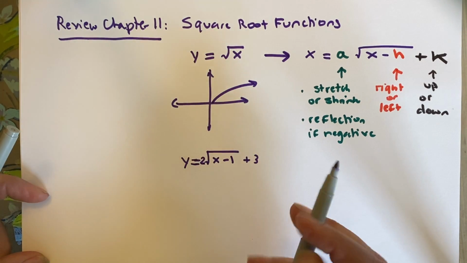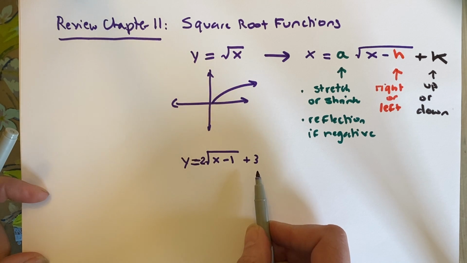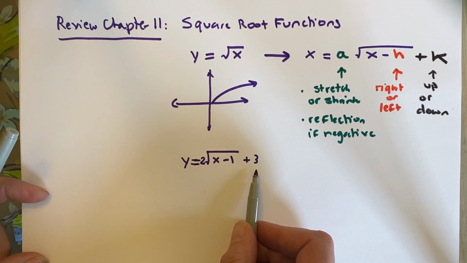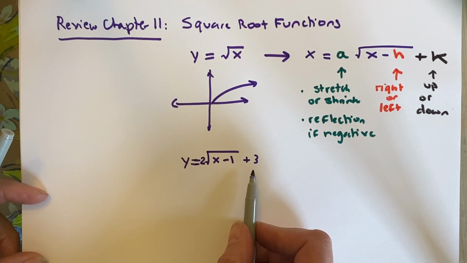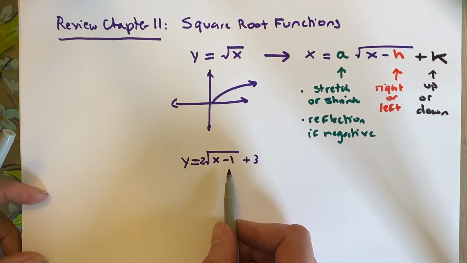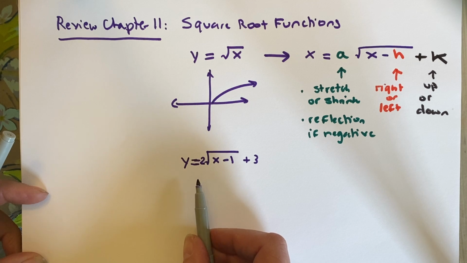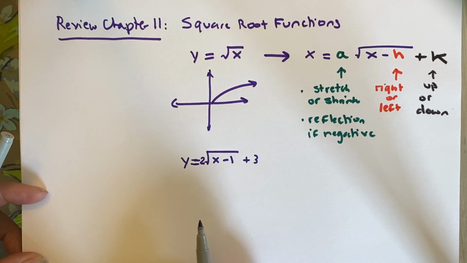Knowing this, the 3 is going to move it up and down, so this function is going to start at 3. The 1 here is going to tell me side to side, so this is also going to start at x equals 1. And the 2 tells me this is a stretch, so it's going to be steeper than this.